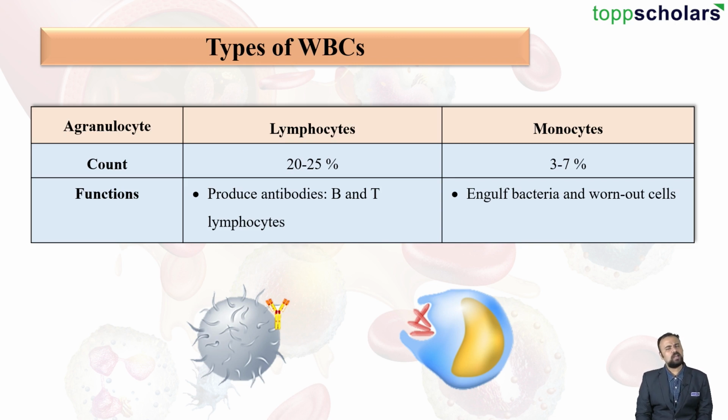Now, there are two types of lymphocytes: B lymphocytes as they mature in the bone marrow, and T lymphocytes as they mature in the thymus. Monocytes are mainly phagocytic in nature. They engulf bacteria and worn out cells.